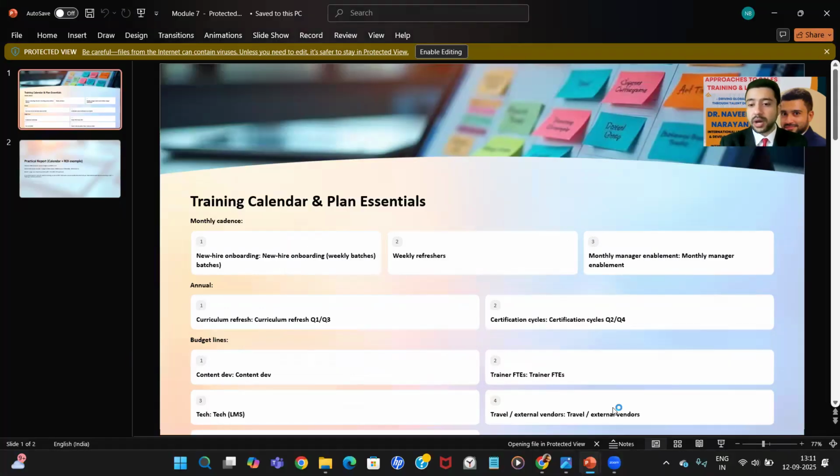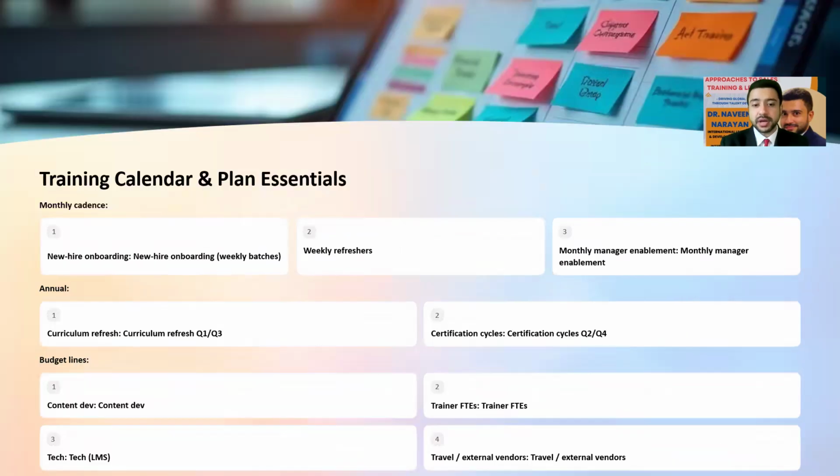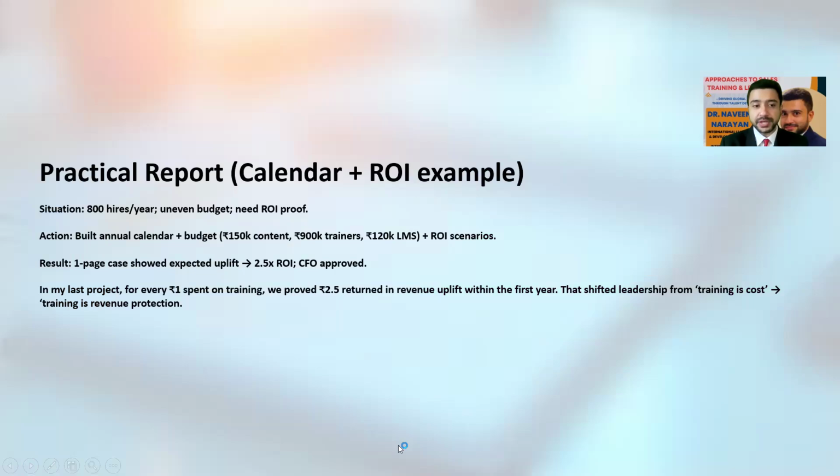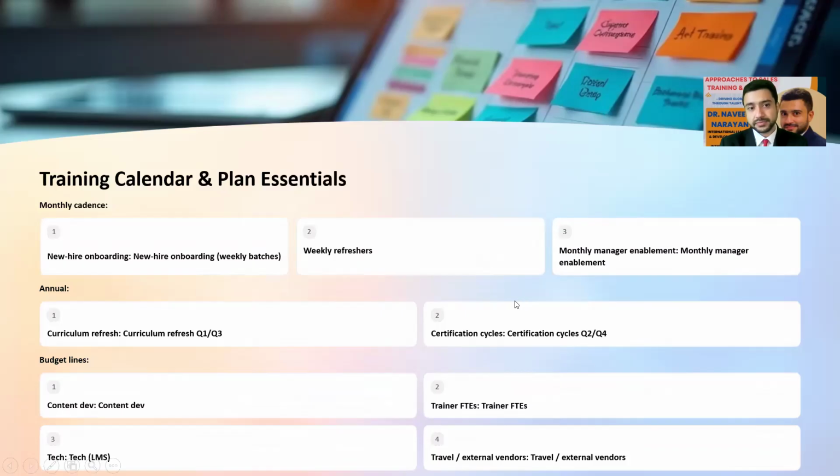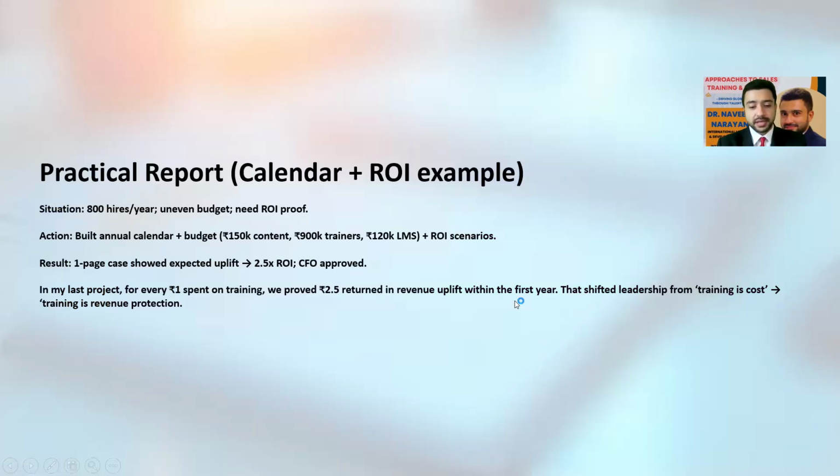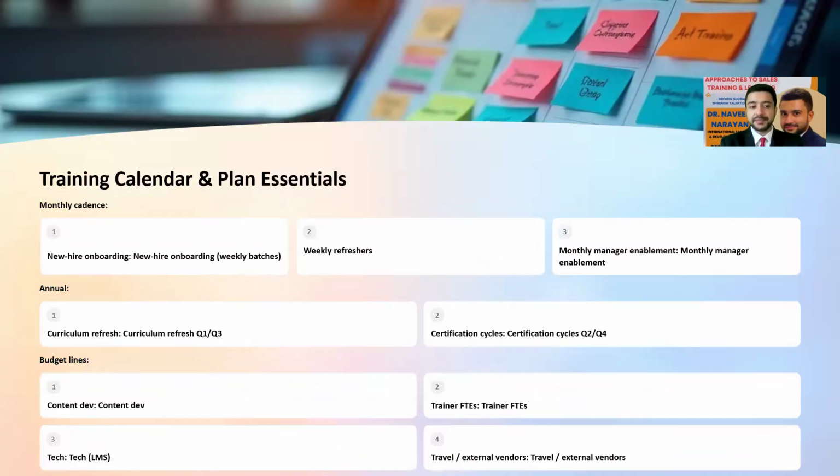Now let me talk about budget planning. How do we plan for the budget? When we talk about the budget, content development is the major area we have to focus on, because once the content is developed, only then will we go for the execution part.